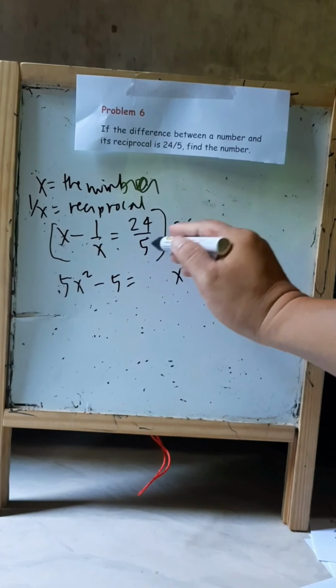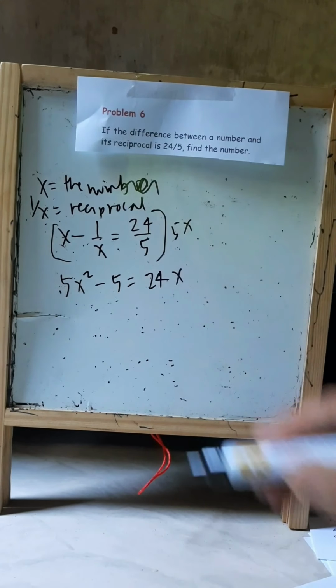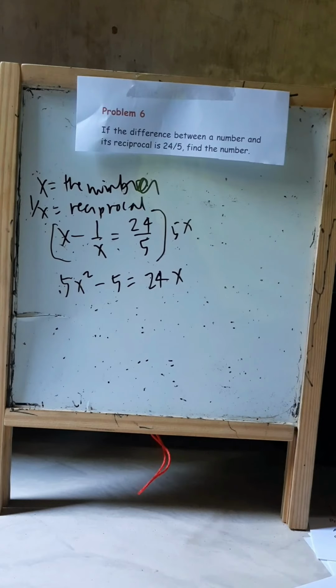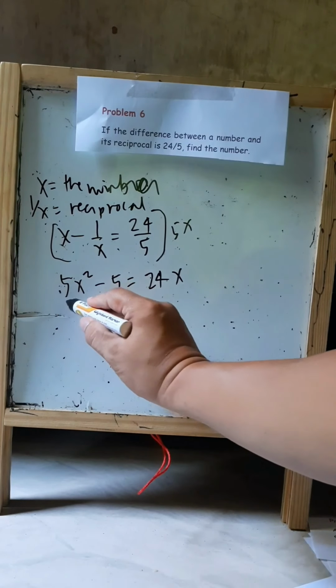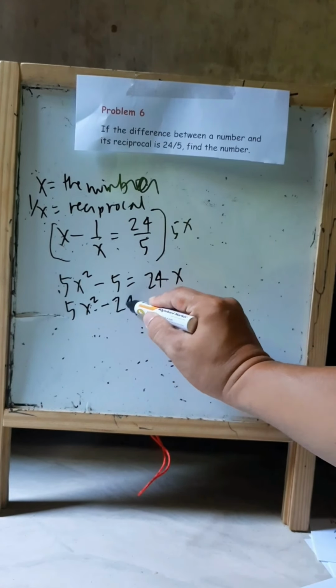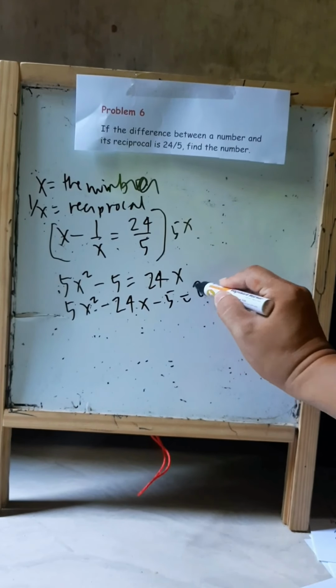Sorry for that, the 5 cancels with the 5 in 24 over 5 times 5x. So the equation is 5x squared minus 24x minus 5 equals 0.